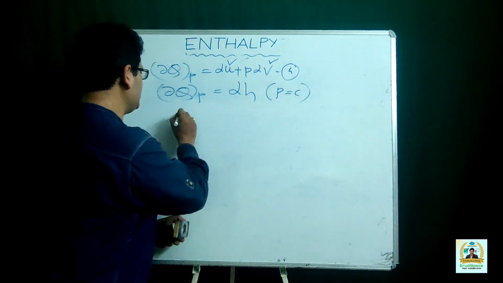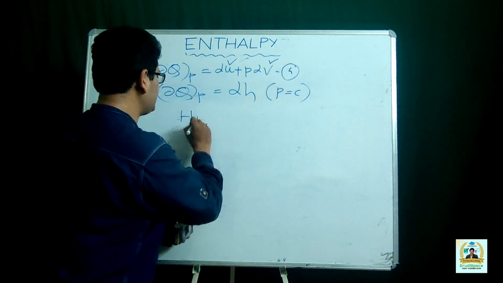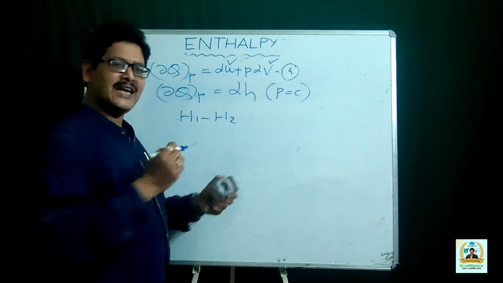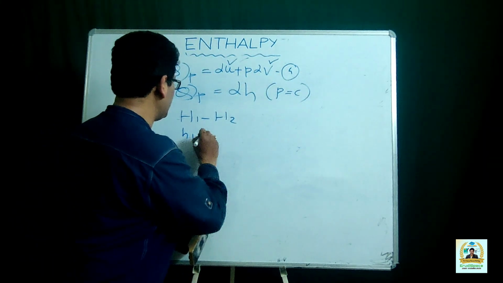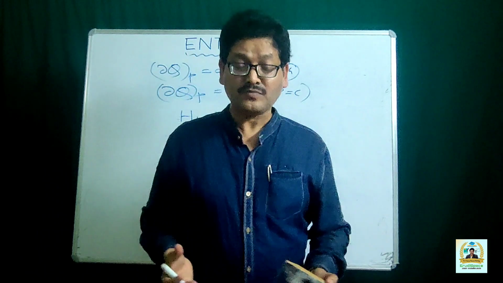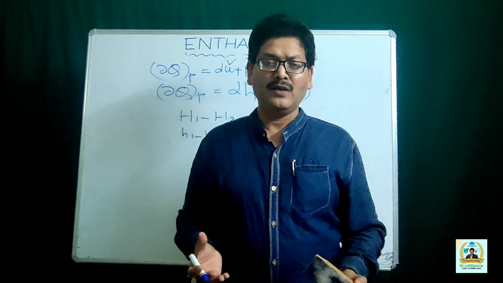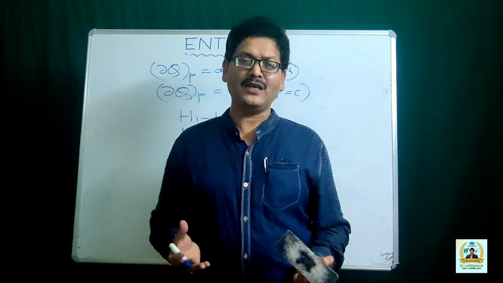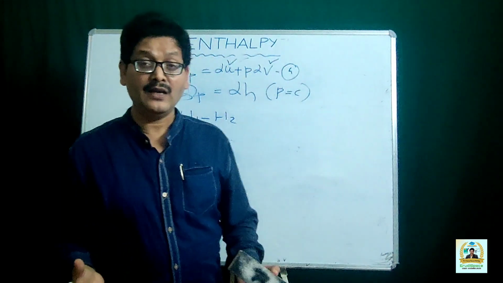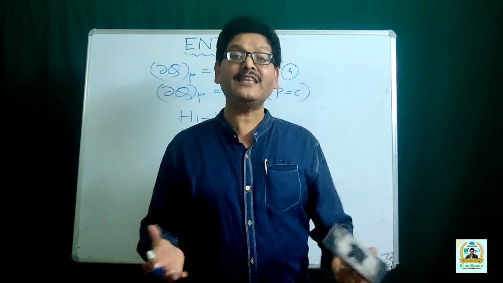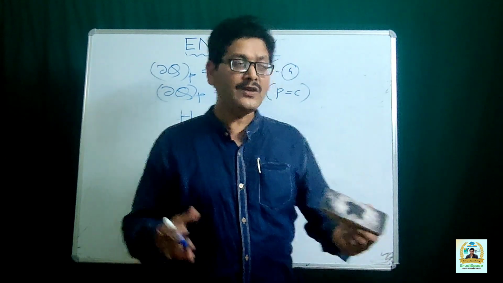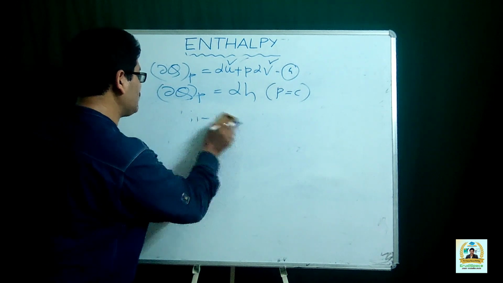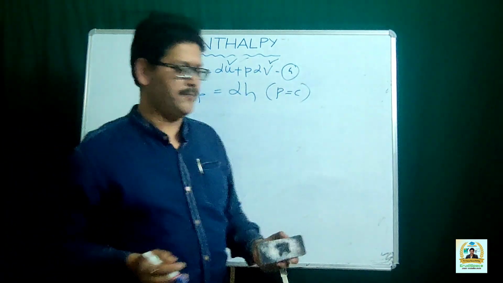Suppose you have 2 points and you may say that it is H1 minus H2, or if you are considering specific enthalpy, that is enthalpy per unit mass, it is h1 minus h2. Now, the major confusion that people have is that while calculating the enthalpy, we have to take a reference point, and at that reference point the enthalpy may be assumed to be 0. If that is done, then there will be no problem in calculating the difference in enthalpy.